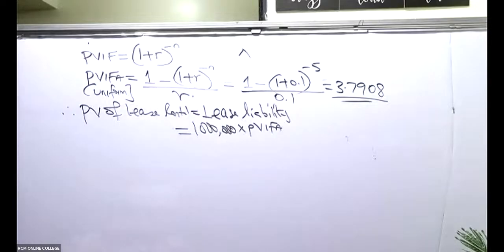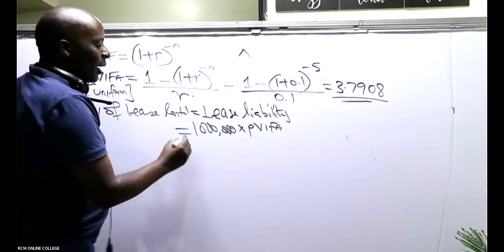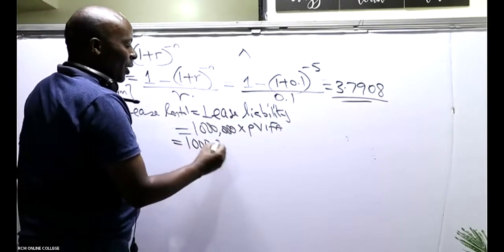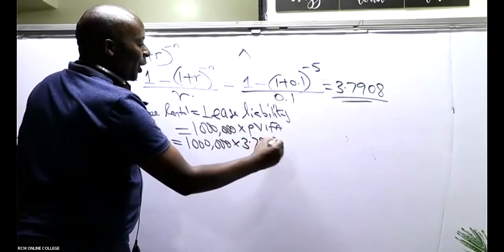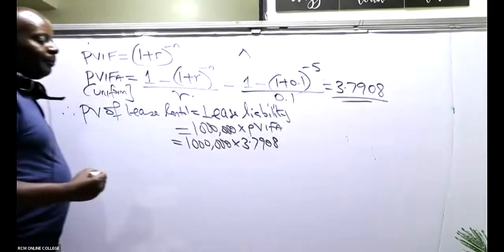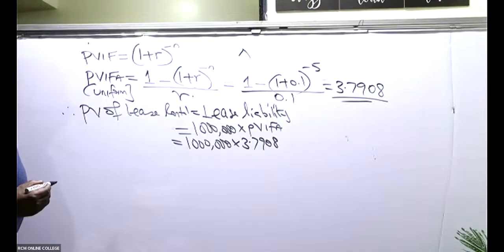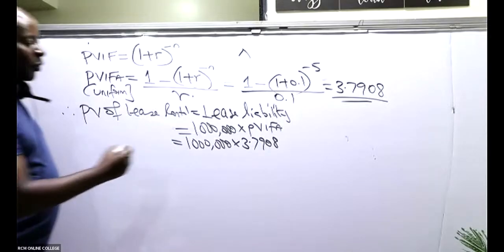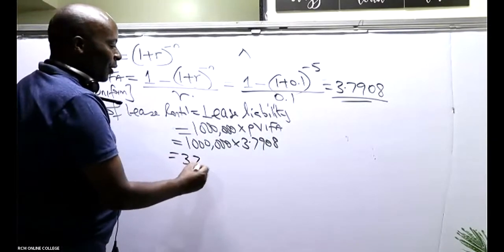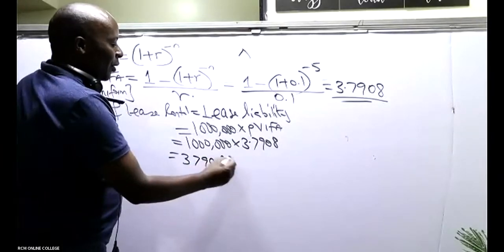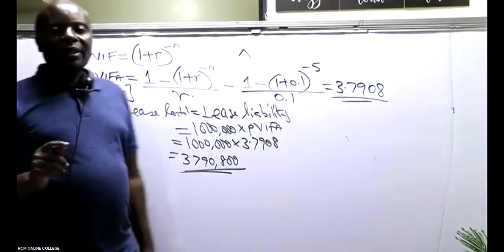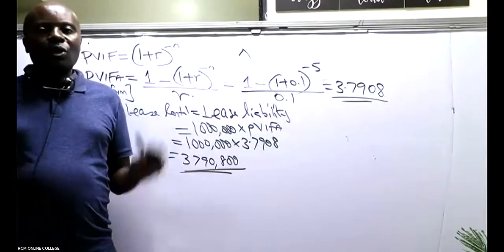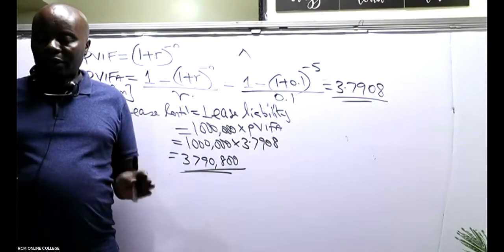So this will be $1 million, which you are paying every year, times PVFA of 3.7908. Which will be the same as 3,790,800 Kenya shillings. So this is what we owe this gentleman, the landlord, in total, having discounted.